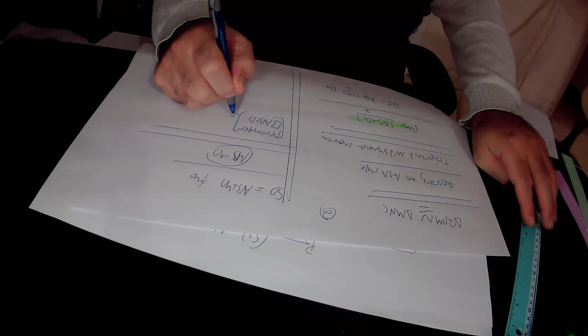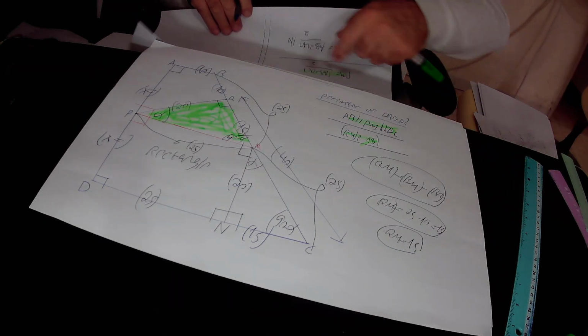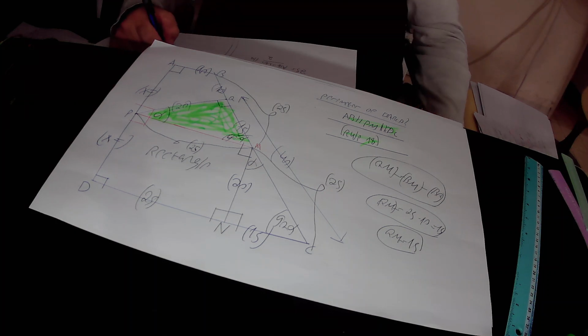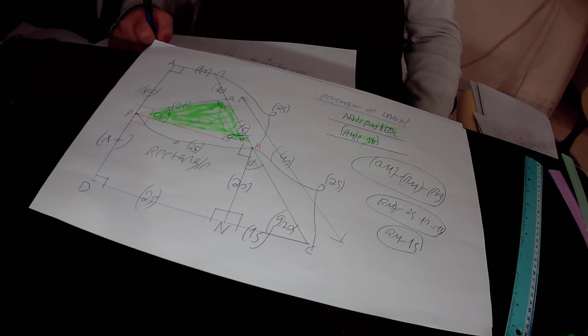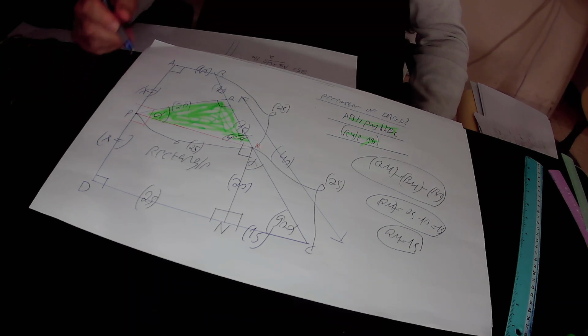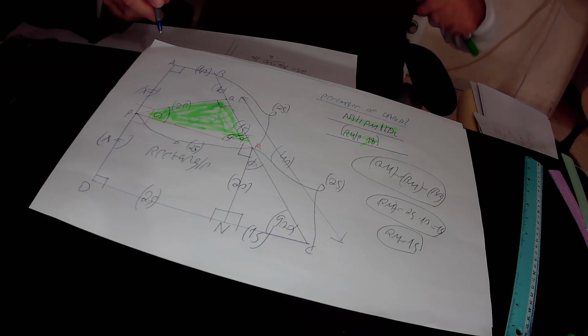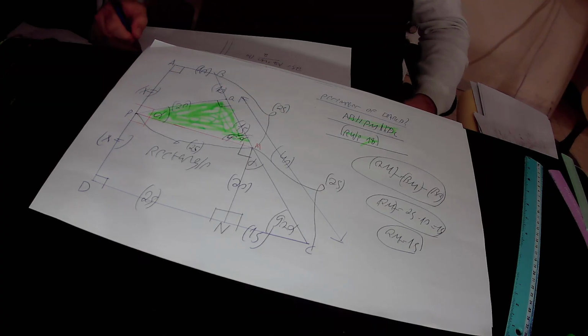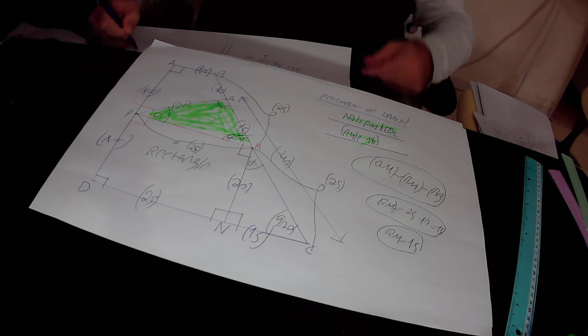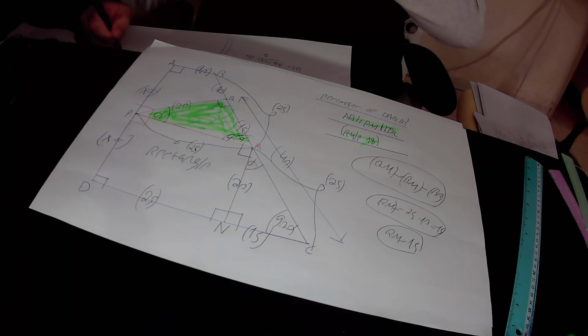That is to say, it is equal to AB plus AD plus DC plus CB.